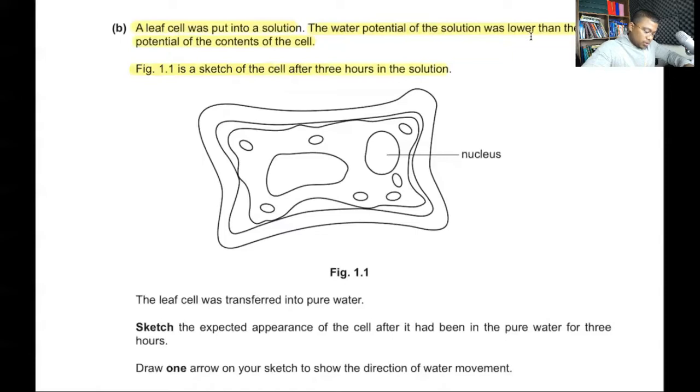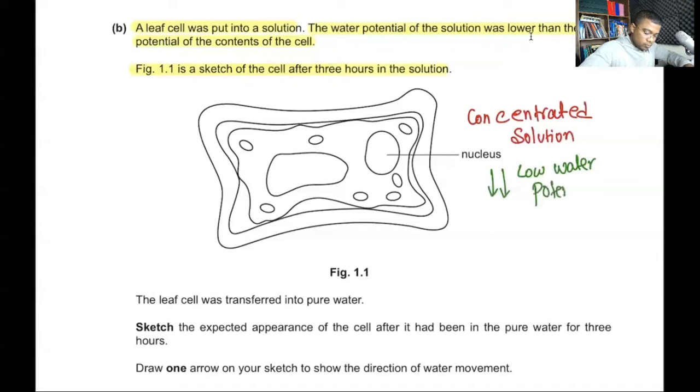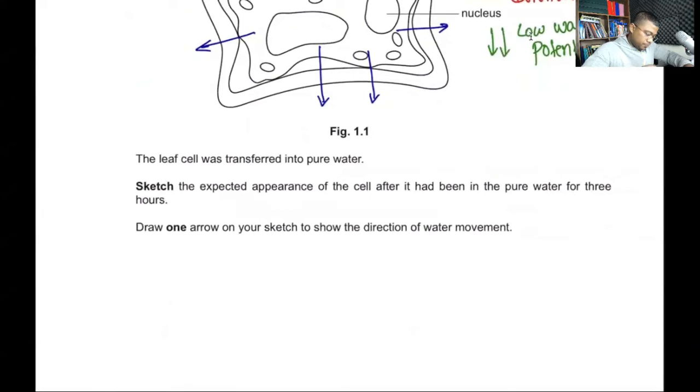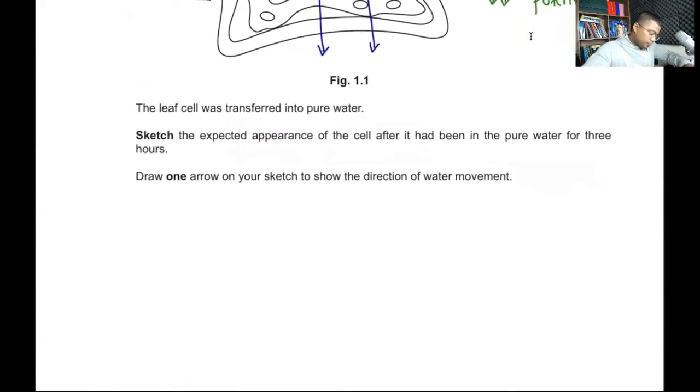So guys, the solution is concentrated, and we know that concentrated solutions have low water potential. So definitely water will move out of the cell by osmosis and the cell will shrink. And that's why we can see the cell has shrunk.